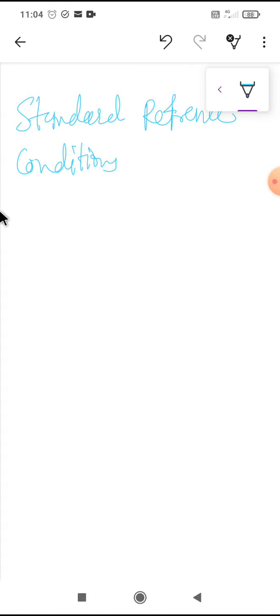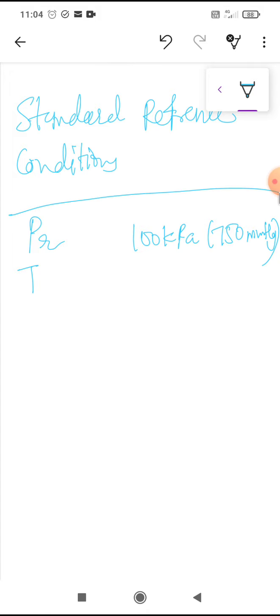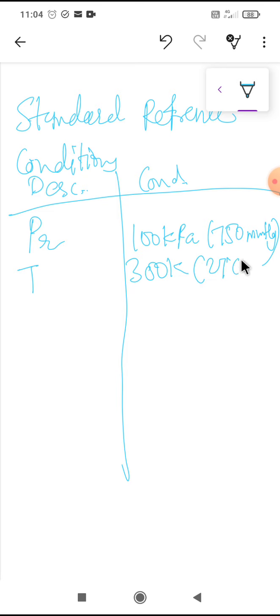First is pressure. The mean barometric pressure should be 100 kilopascal, or you can call it 750 mm of Hg, that is mercury. Then temperature. So we can create a table. Here is description and here is condition or value. Next is atmospheric temperature, that is 300 Kelvin, or 27 degrees Celsius.